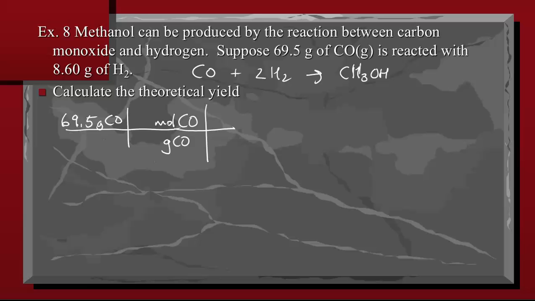All right, so I have 69.5 grams of carbon monoxide. That's how much money I have in carbon monoxide land. So I go to the bank and I say, hey, I want to convert it all over to moles. So a bank will always tell me, we'll give you 1 mole for the formula mass. 12 plus 16 is 28.